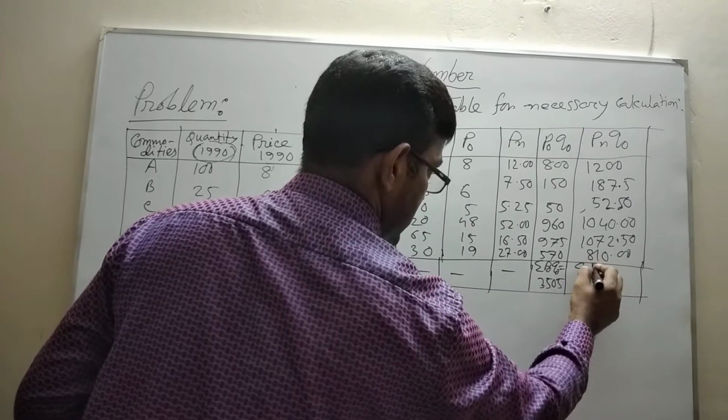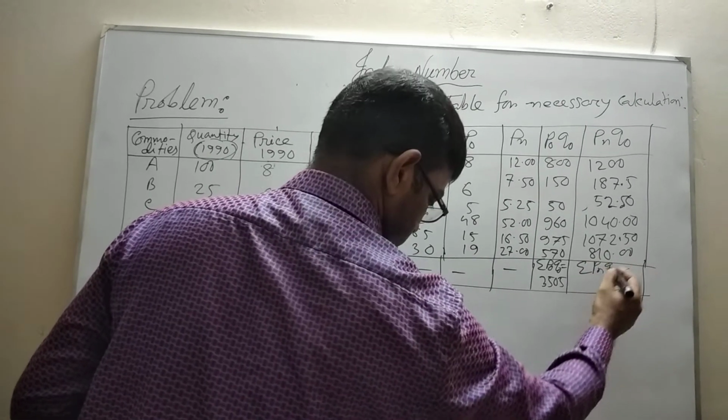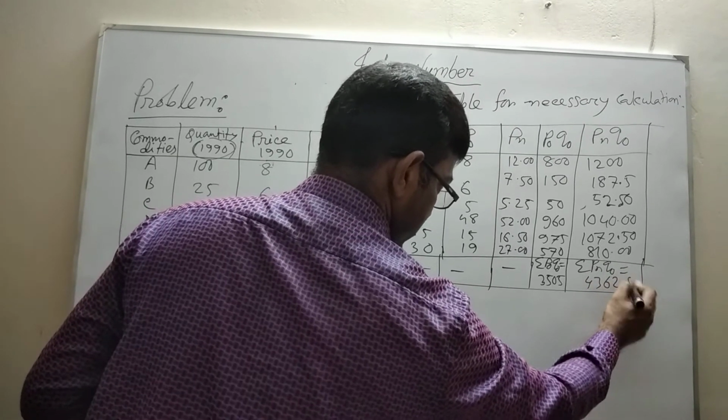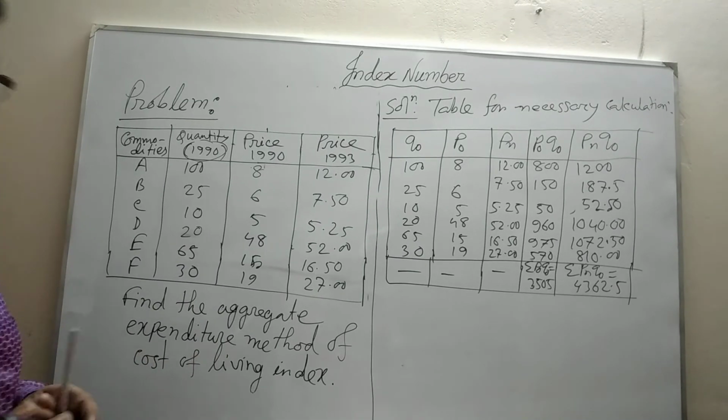Then the sum total PnQo equals 4362.5. This is the calculation table.